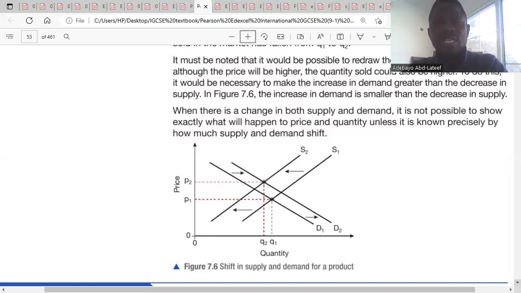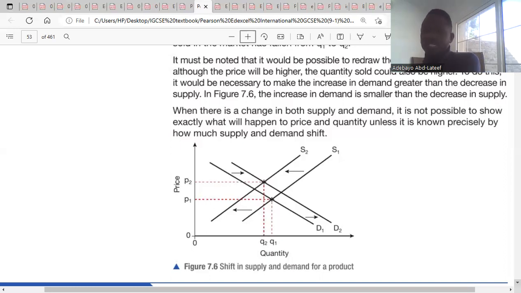So there could be a shift in the supply and demand curve at the same time, and we'll move from P1 to P2. Price will increase because supply is falling while demand is increasing. Is it clear? Any question about that?